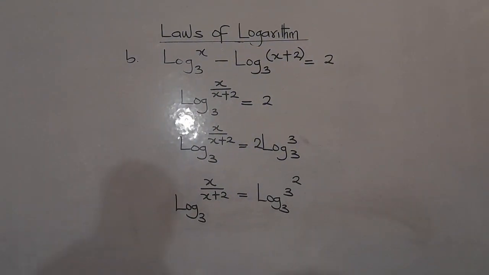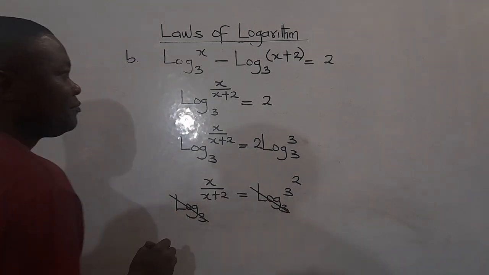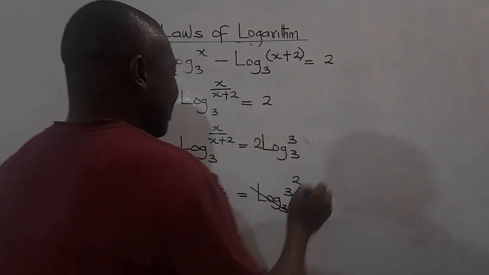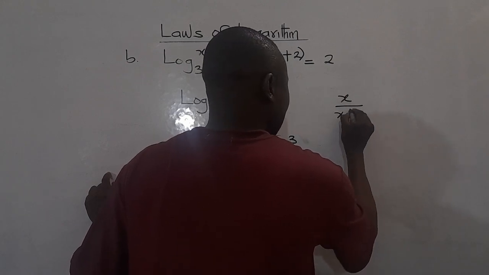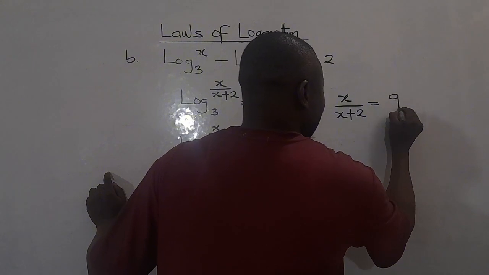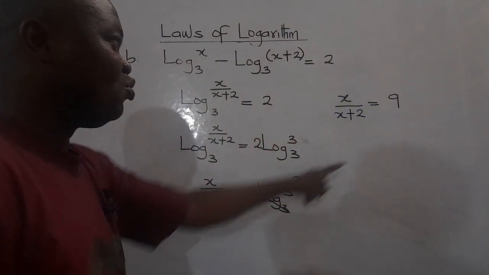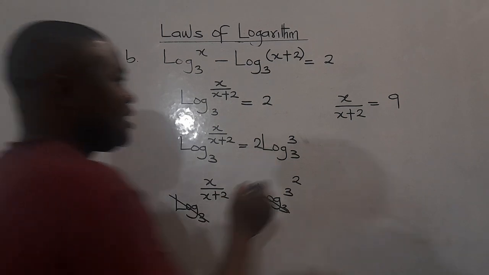The next step. Now we can do this. We'll cancel out the log. So we now have x over x plus 2 equal to 9. 3 to the power 2 is 9. We now have this. This is the same thing as 9 over 1.